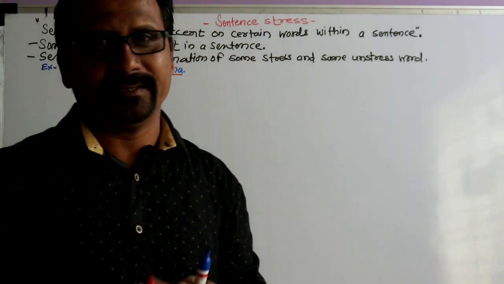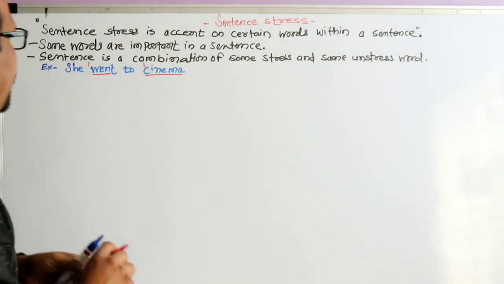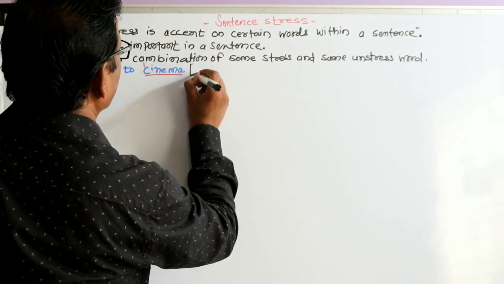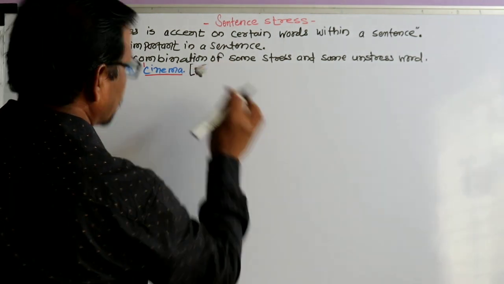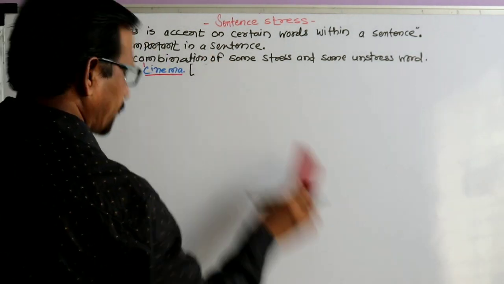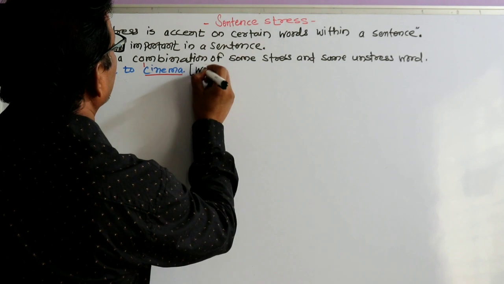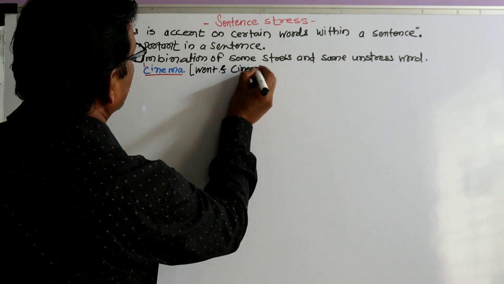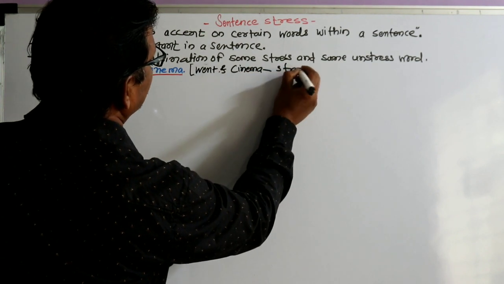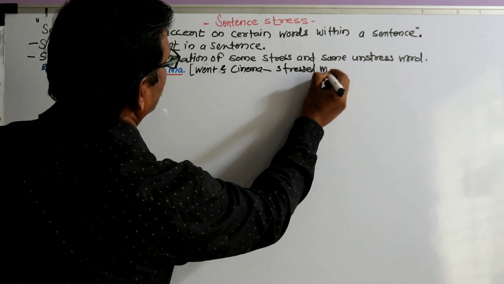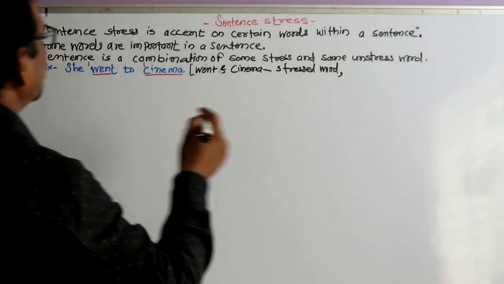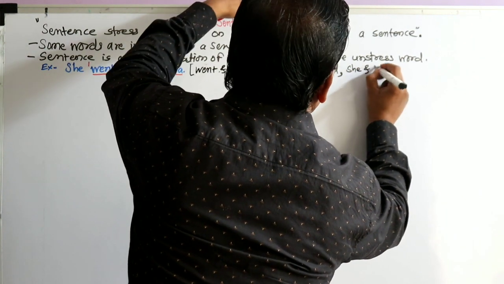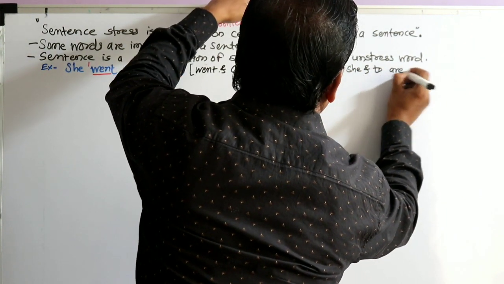So friends, remember one thing, that went and cinema are traced words, and she and to are untraced.